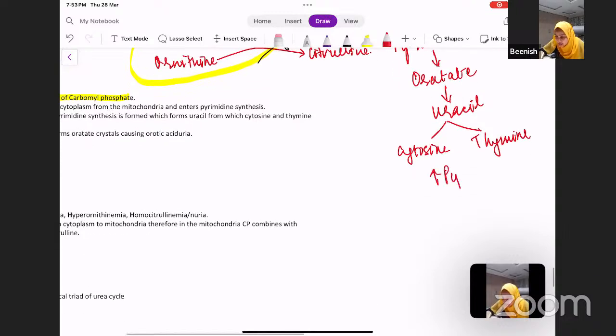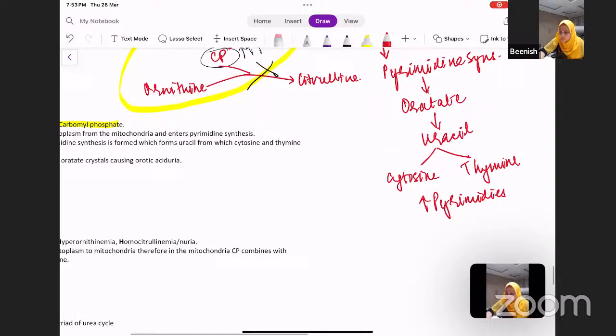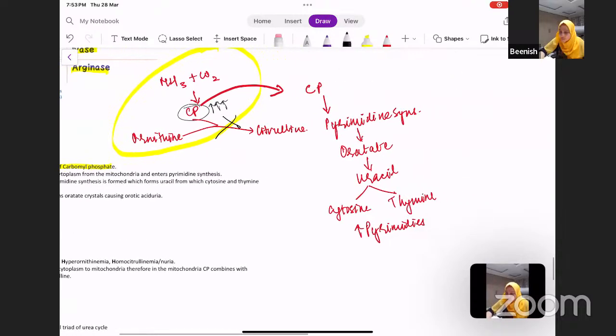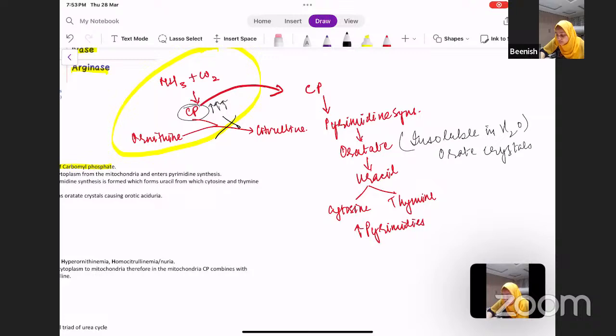So your pyrimidines are increasing. Now, this orotate that is being formed is insoluble in water, so orotate crystals are formed.